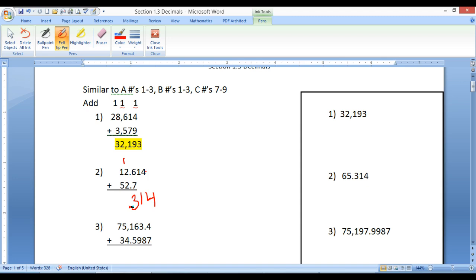The ones place values, 1 plus 2 gives me 5. It's supposed to be lined up, but it's going to be a little bigger with my fingers. And then I have 1 plus 5, which gives me 6. So my answer is 65.314. And that does match my answer over here. So I'm going to go ahead and move on to the next one.